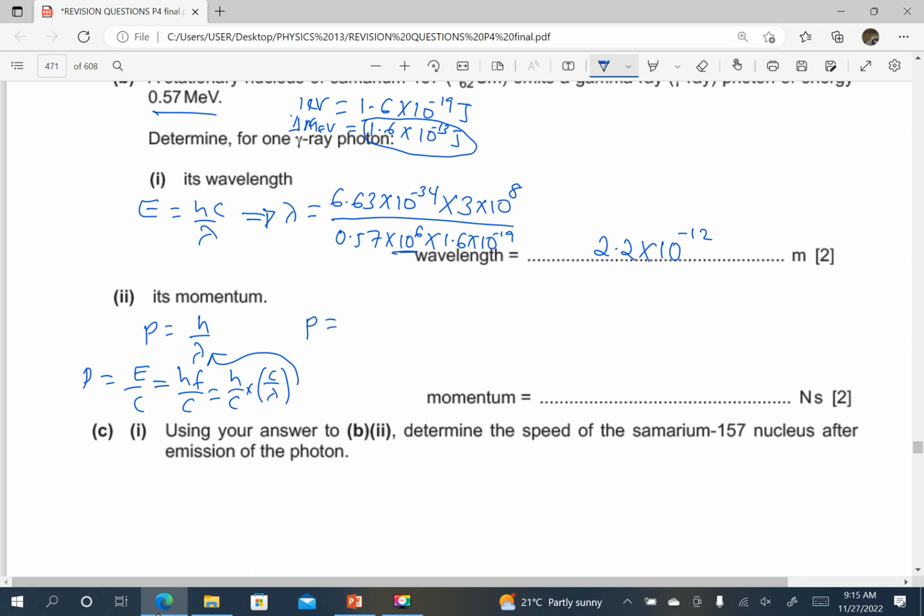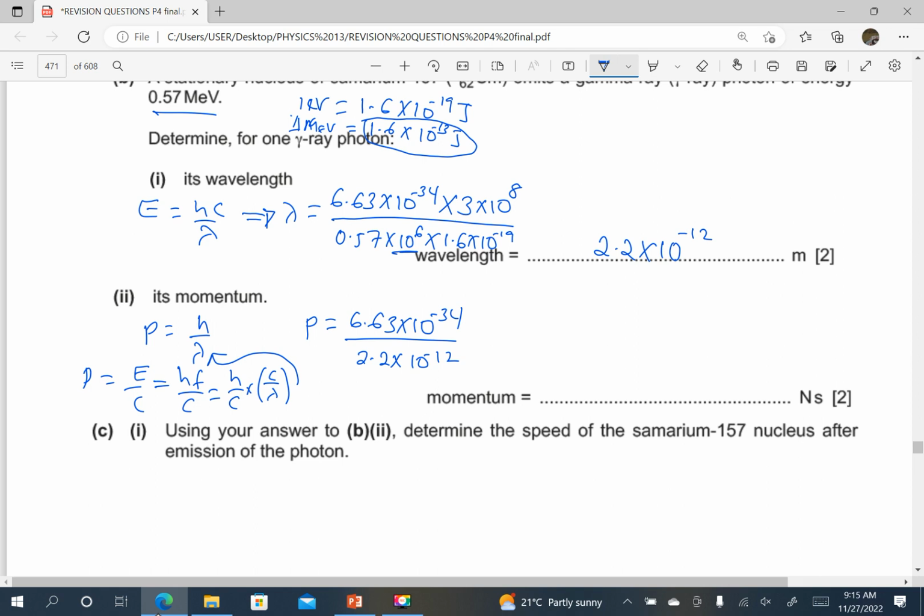So the momentum is going to be equal to 6.63 times 10 power negative 34 divided by the wavelength. I'm using the one of wavelength, which is 2.2 times 10 power negative 12. So I press my calculator.